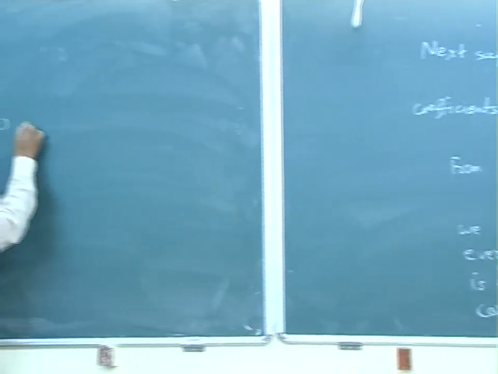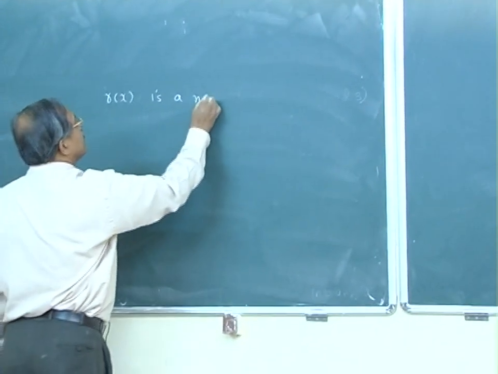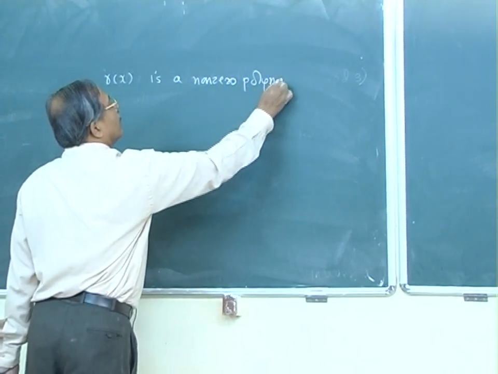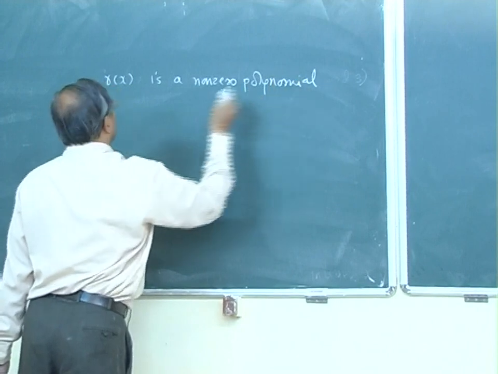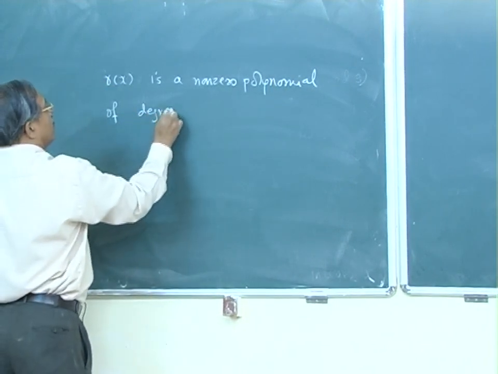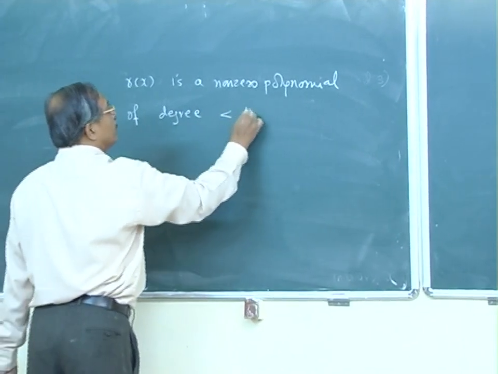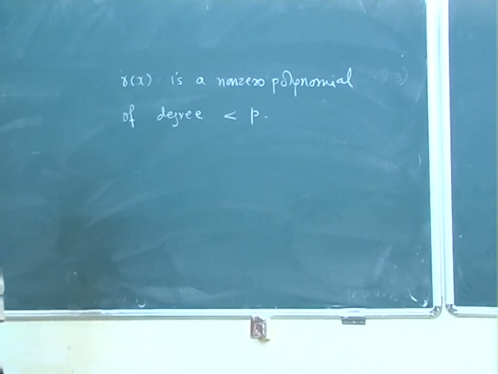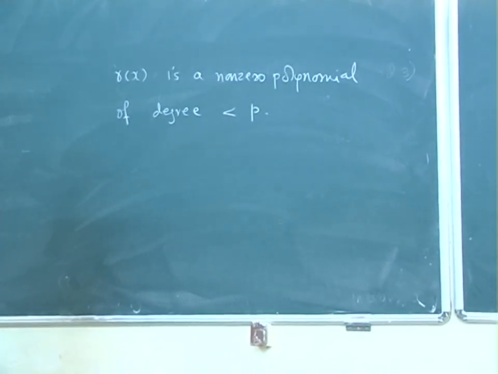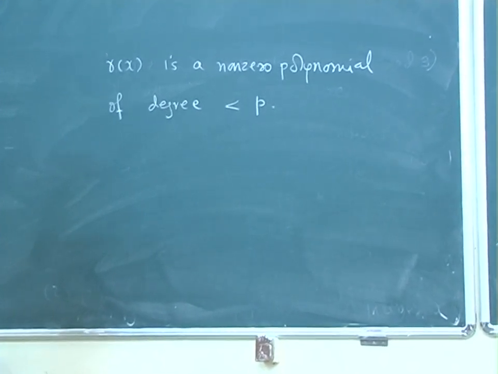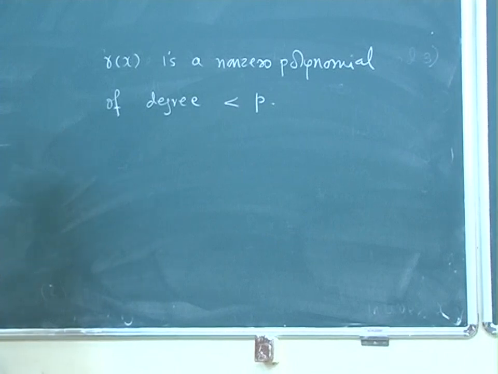R(x) is a non-zero polynomial of degree less than p. That is one of the requirements. Only thing is, R(x) may not be monic. In fact, it is possible that some leading coefficient of R(x) is divisible by p.